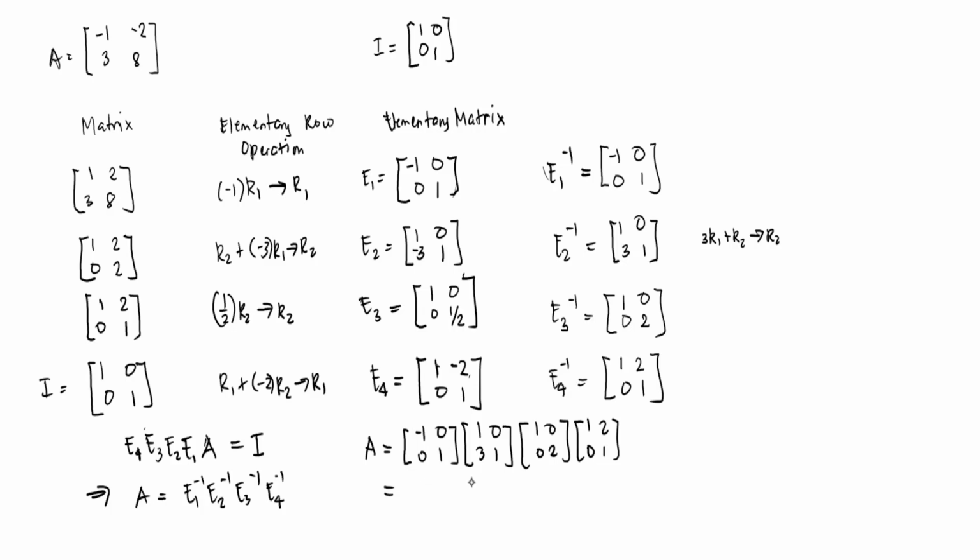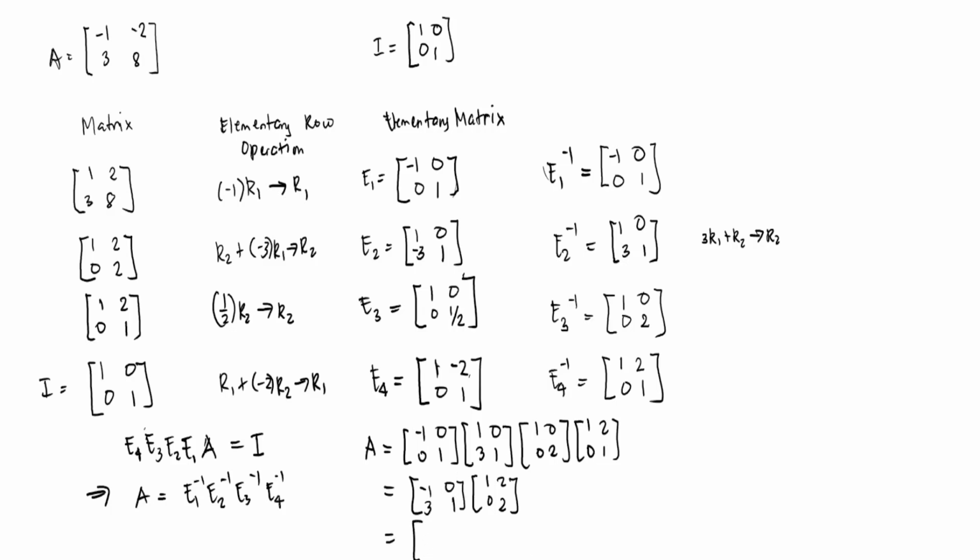We multiply these two, and we will get -1, then 0, and then you will just get 3, and then 1. Also, we can multiply these two matrices here, so we have 1, 2, 0, 2.